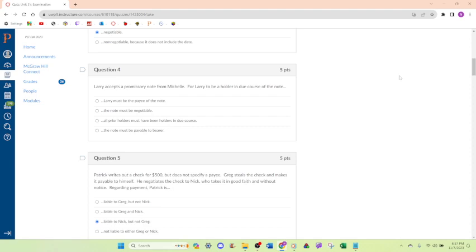Accepts a promissory note. 3 is false. 4 is false. 1 or 2? Which one is it? Payee. Who is the payee of a note?